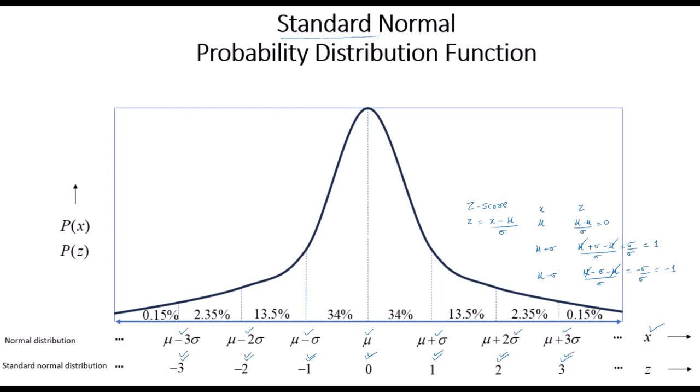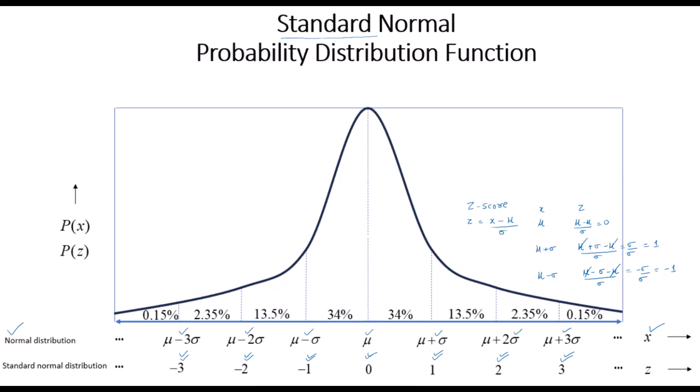Now let's go into the need for having such a translation from x to z value. So before I go to the next slide, remember that a standard normal PDF is same as the normal PDF with respect to the y-axis. There is only a change in the horizontal axis. In case of normal distribution, we have x values, which is representing mu plus or minus sigma.